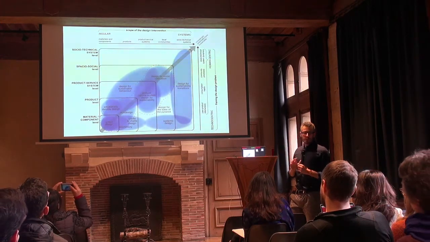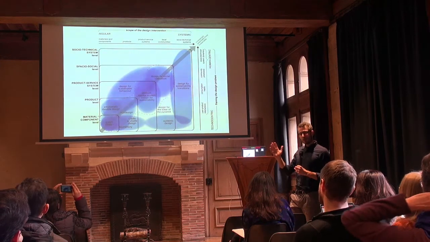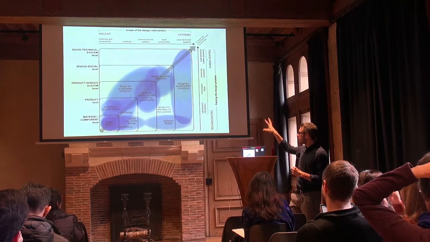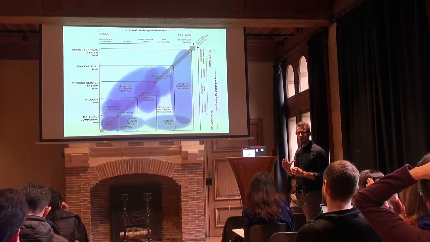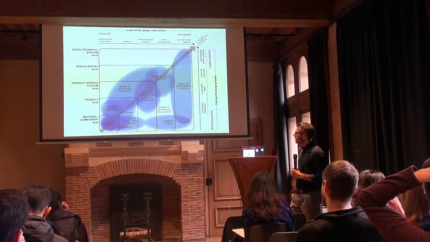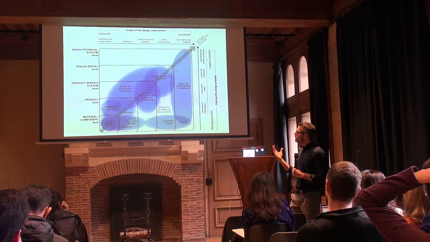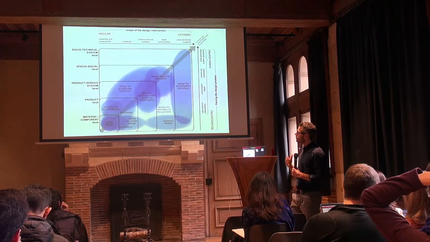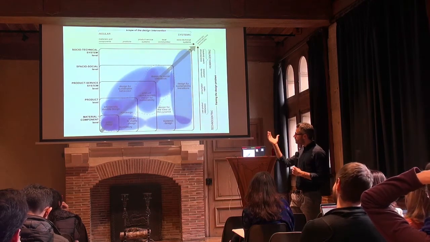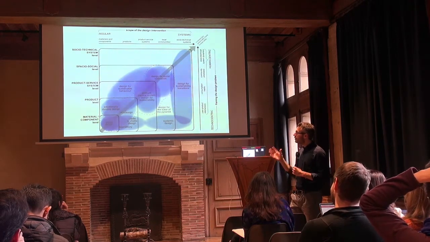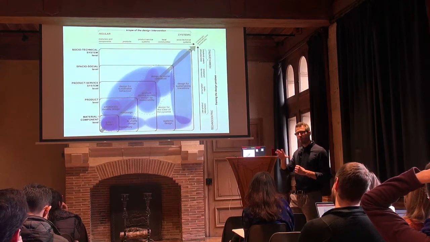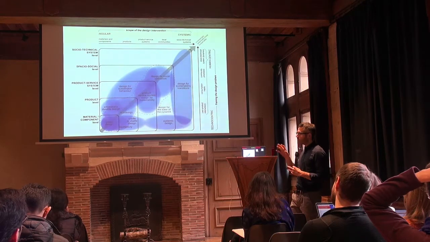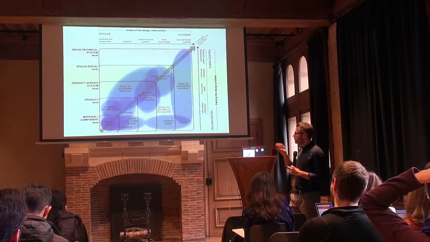There is, of course, a certain degree of subjectivity in this. We interacted with experts to decide where to place the different approaches, but of course we can debate on that. But I think what's important is the relative position of the different approaches, because what we want to show with this framework is how different approaches complement one another, how they overlap, and also the empty spaces in the framework.